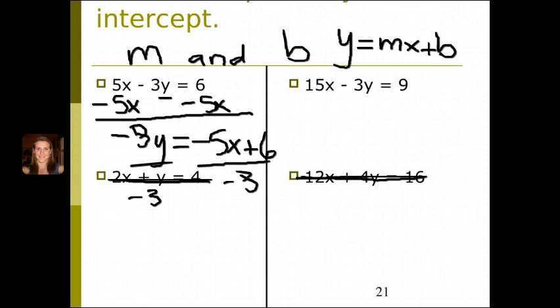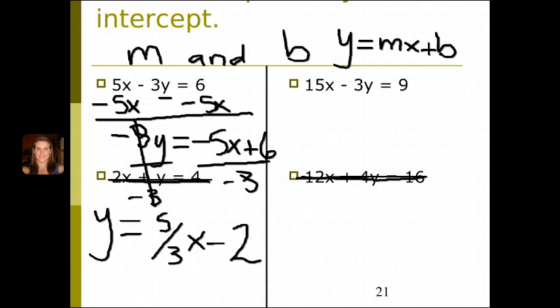So the negative 3's cancel, leaving us with y equals negative 5 divided by negative 3 gives us a positive 5 over 3x, and then positive 6 divided by negative 3 gives us a minus 2. So our slope equals 5/3. And our y-intercept, which we call b, equals negative 2.